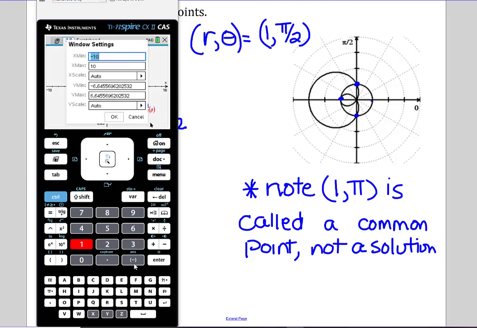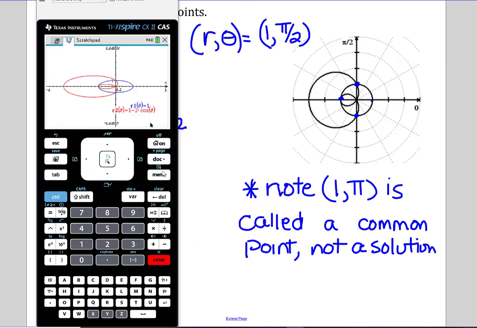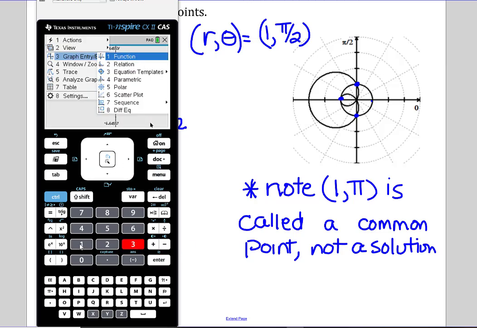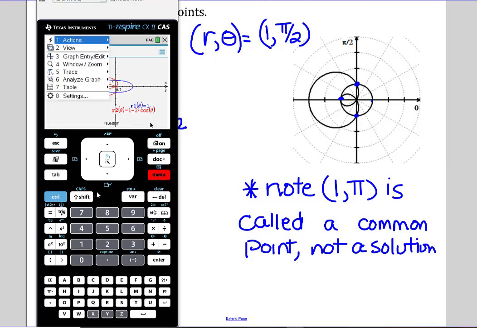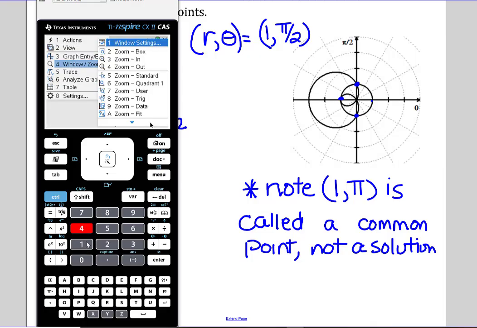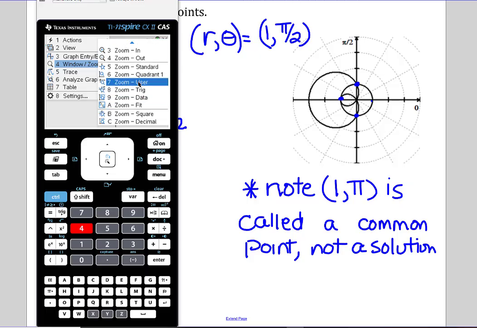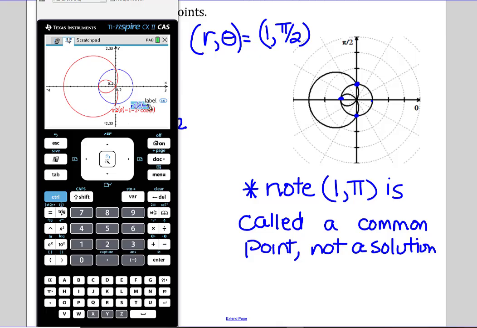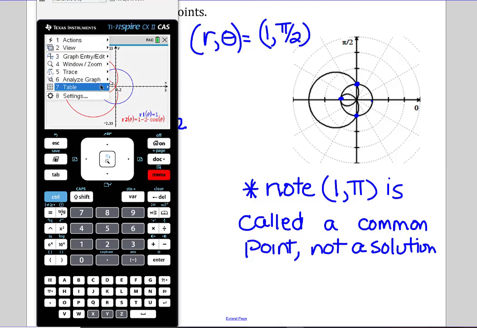We want to have the window set, let's say, from negative 4 to maybe 3. Take a look at that. Menu 3, 1. That's rough. I want to make it square. There, that's better. Okay, so we want the intersection. And we're going to analyze the graph to get an intersection. Got that graph.